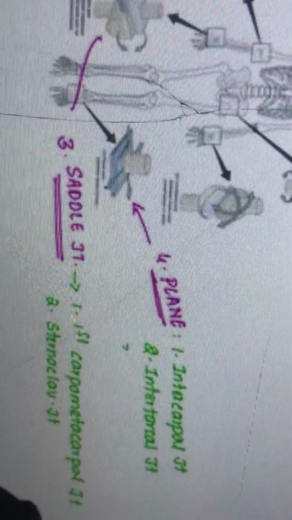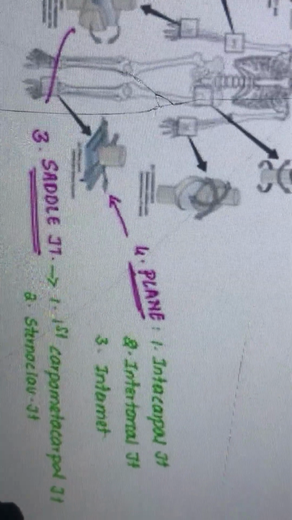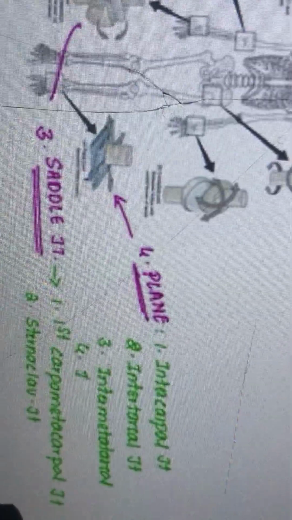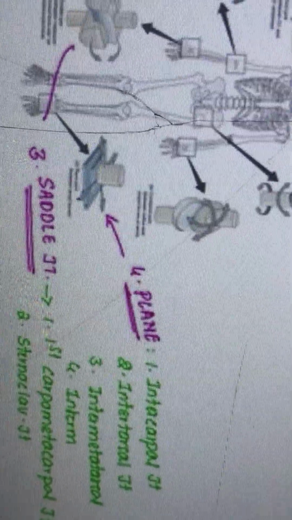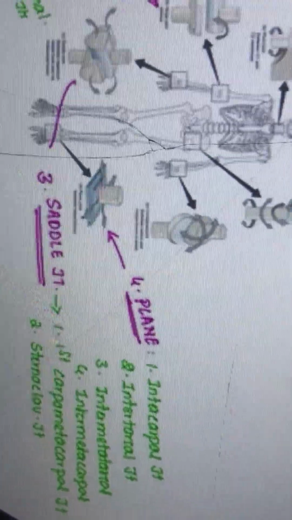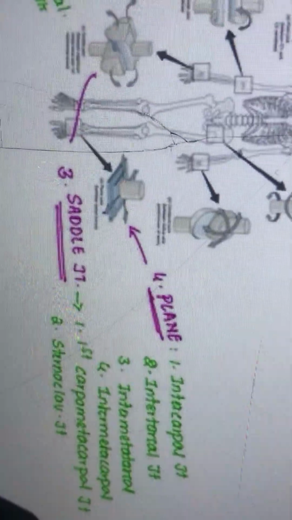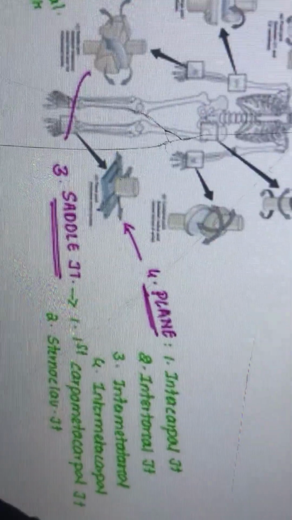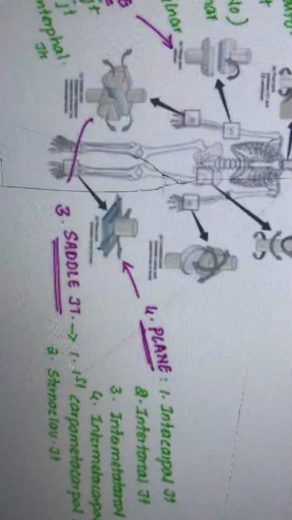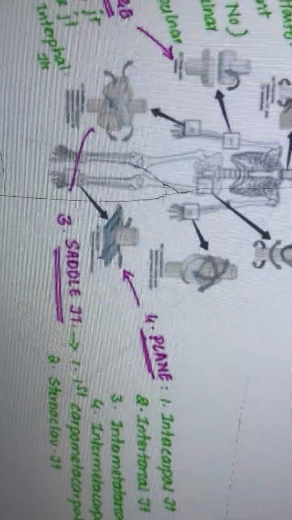Then intermetatarsal or intermetacarpal. So in between the metacarpals or in between the metatarsals, you have joints. And such joints are referred to as intermetatarsal or intermetacarpal joints. These are best examples for the plane synovial joints.